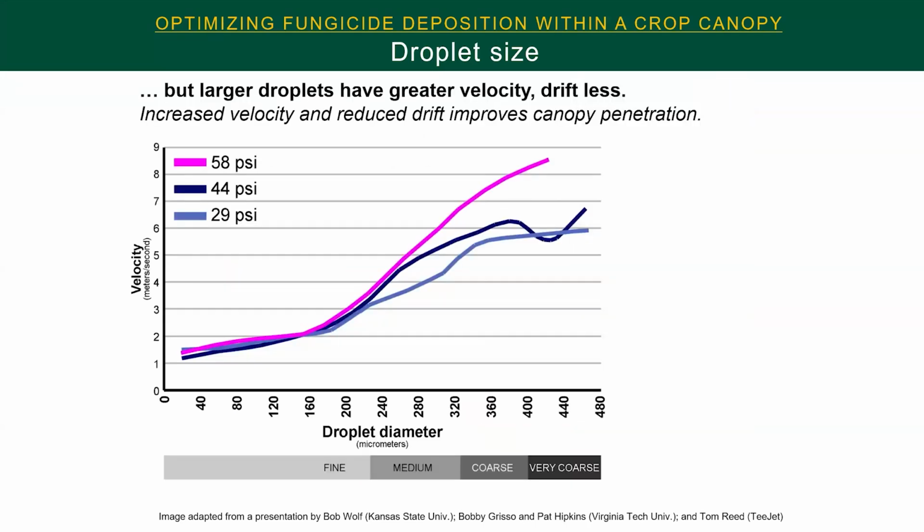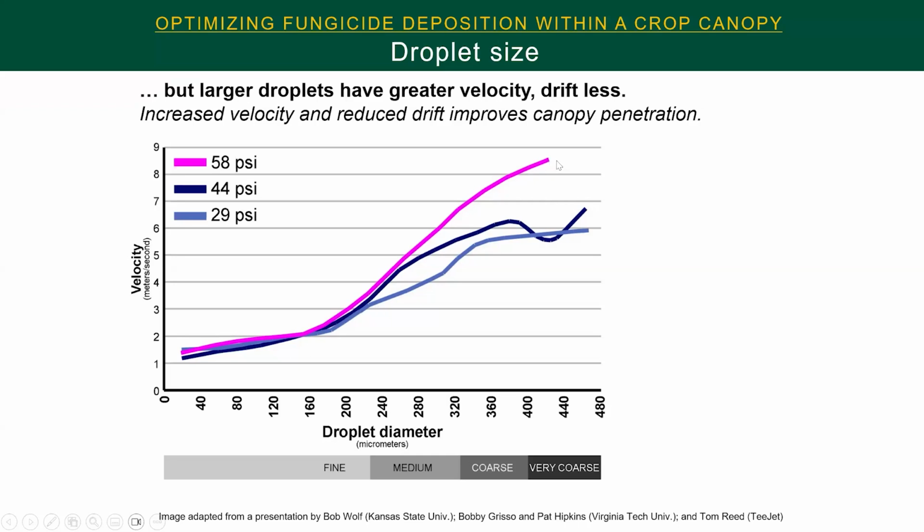Now, on top of that, the droplet size itself will also impact the velocity, or the speed at which these droplets are going into that crop canopy. What we're seeing is that as we increase the droplet size to very coarse, again, getting close to that 500 microns, so 400 to 480, that velocity is increasing regardless of the pressure at which these are being applied.